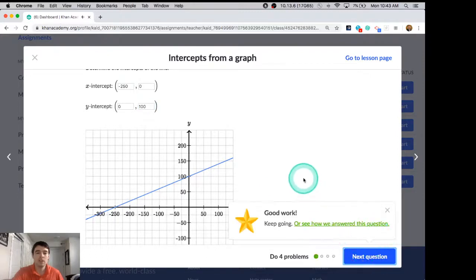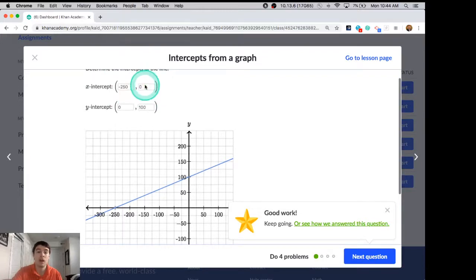So what we're going to start to see is that the x-intercept is always going to have an x value wherever it crosses the x-axis, and its y value will be 0. The y-intercept will be the opposite. You find wherever the blue line hits the y-axis, and that value is your y value, and because you're located right on the y-axis, you didn't move left or right at all, so your x value will be 0.